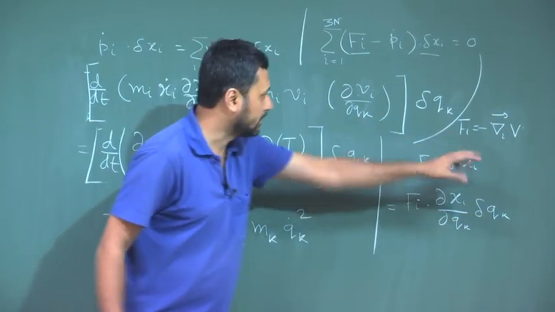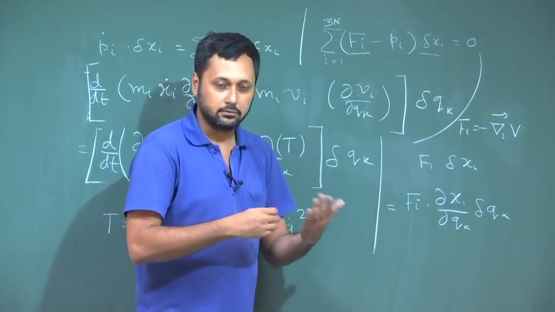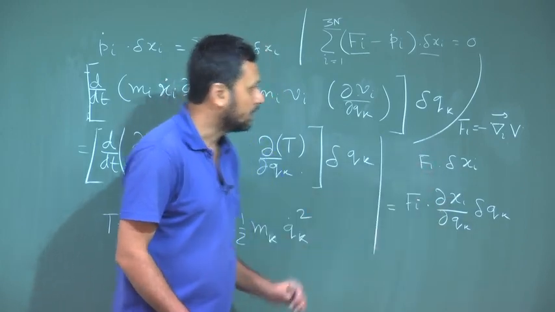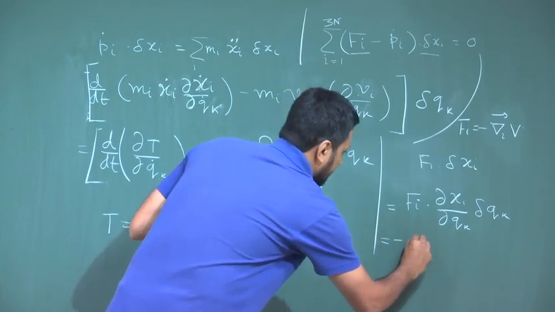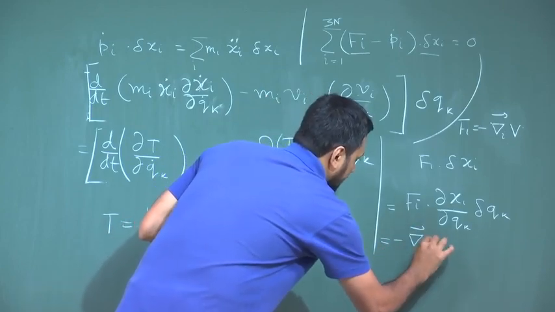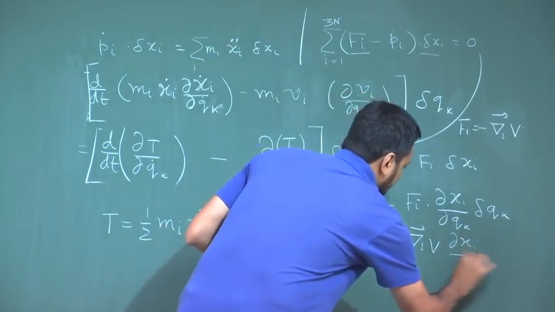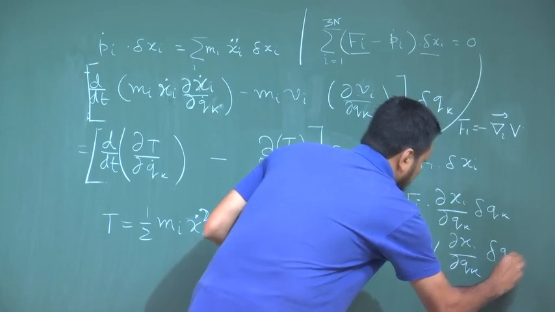So, that is the most general. If I break it into components, I get the same thing. So, if I put it here, it will be minus grad i v del xi del qk delta qk.